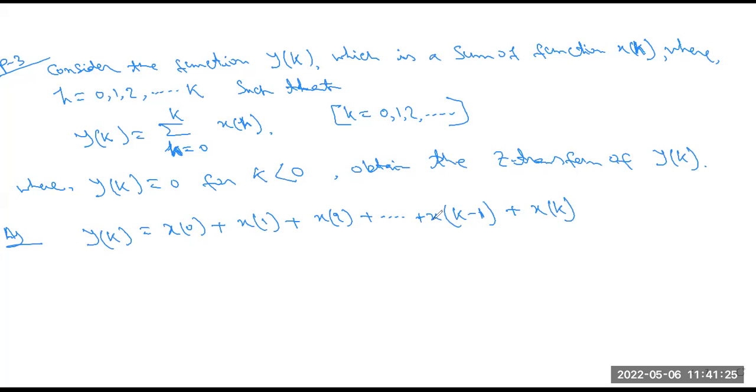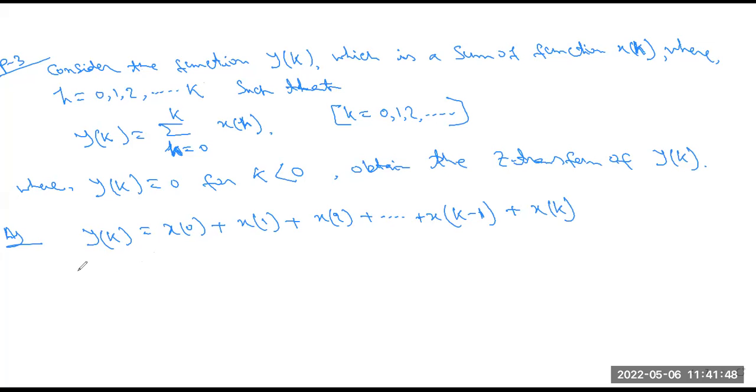Is it clear or not? These are basically the different values of h. The h value is 0 to k, first 0, 1, 2 and so on. The last term is x of k. Is it okay?